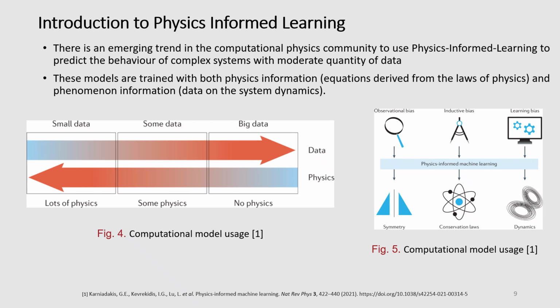So here you can see that when you know a lot of physics about the system, only a small amount of data is required to understand the behavior of the system. But when you have no physics at all, then you need a large amount of data to predict and understand the system behavior. Whereas when you have some data and some physics, you can apply physics-informed machine learning techniques to get the best of both worlds and estimate the system behavior.